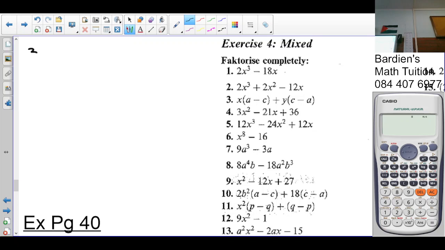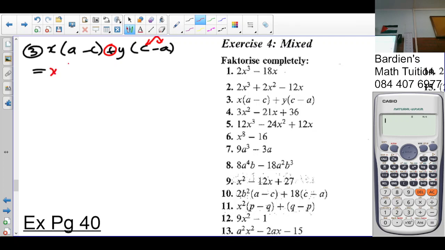Let's look at number 3. We've got x into a minus c plus y into c minus a. So what needs to be done here? Swap that around. Not so? That sign will change to its opposite operation because of the negative that comes out of that bracket.